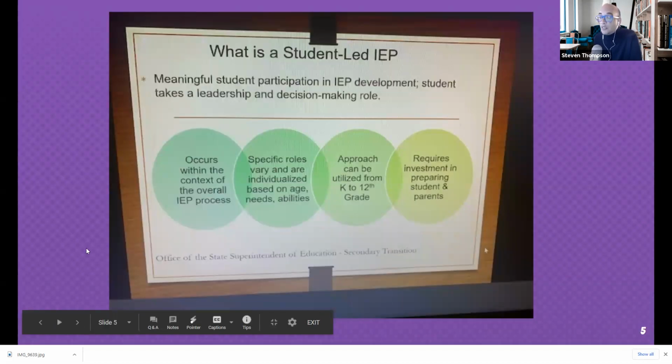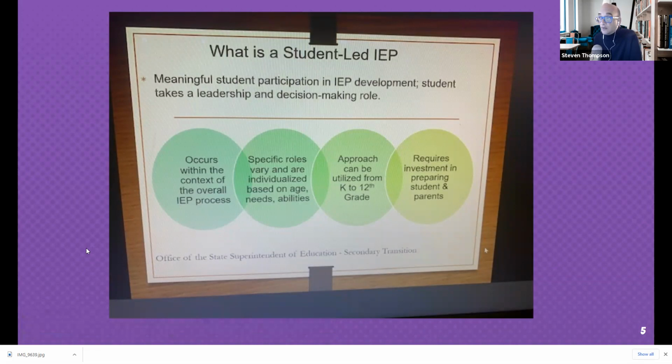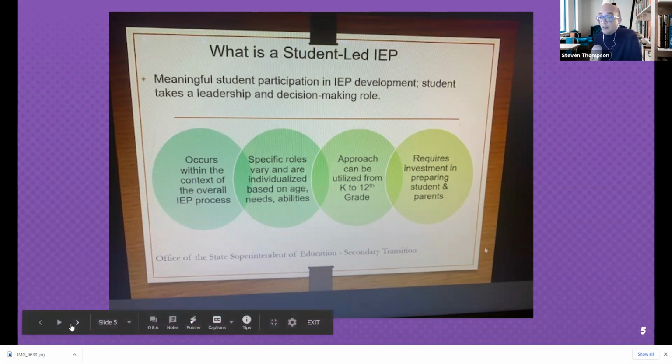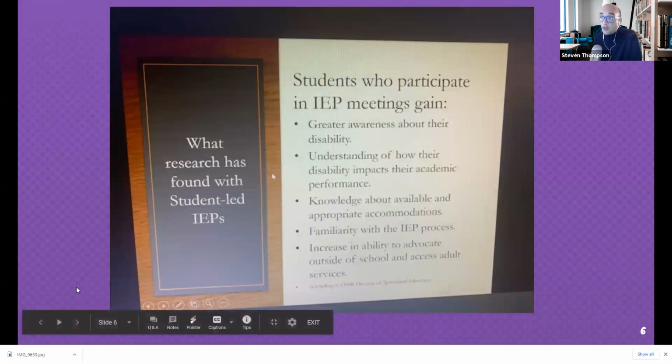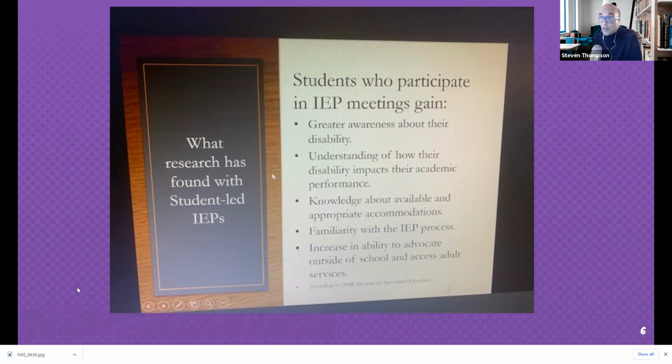We want to be able to encourage our students to come to their own IEPs because it is a way for a student to take a leadership and decision-making role. And that's part of our mission. Now, research has shown that students who participate in their IEP meetings gain a greater awareness about their disability, understanding of how their disability impacts their academic performance, knowledge about available and appropriate accommodations.